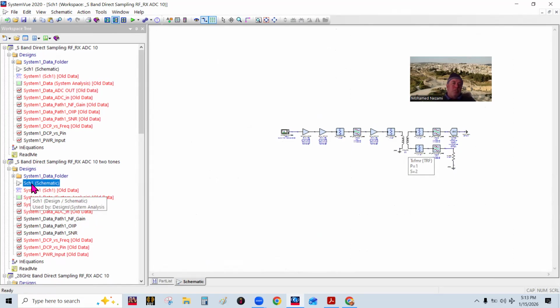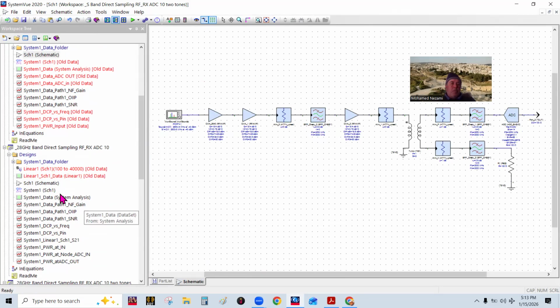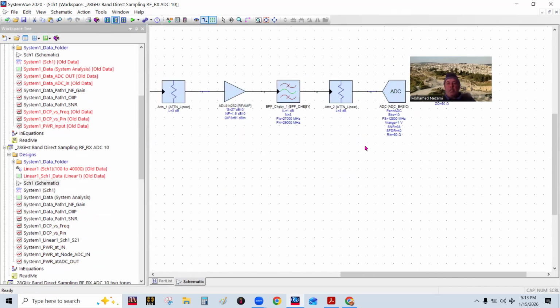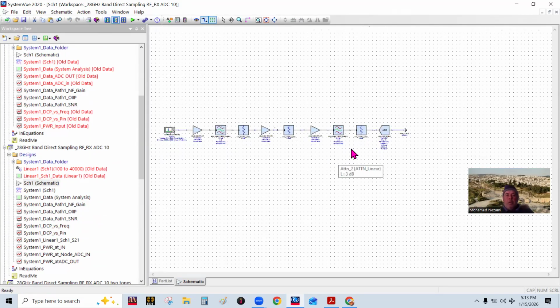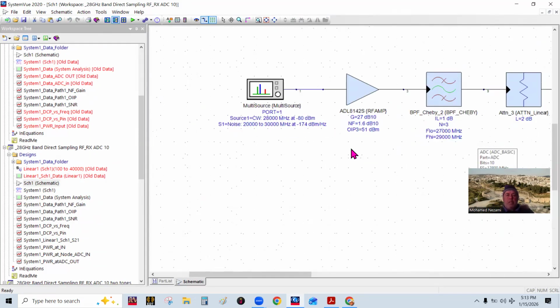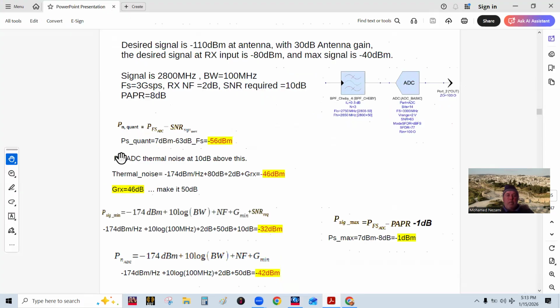Okay, so let's do one right now that is different, so that your signal is not sitting within the first Nyquist zone, and that's basically I have a 28 gigahertz signal at minus 80. Okay, so let's go back here.